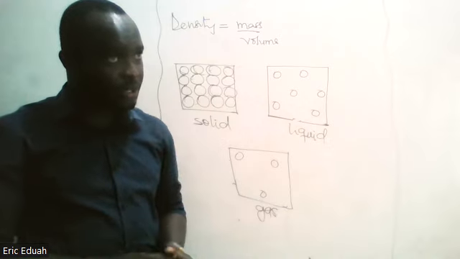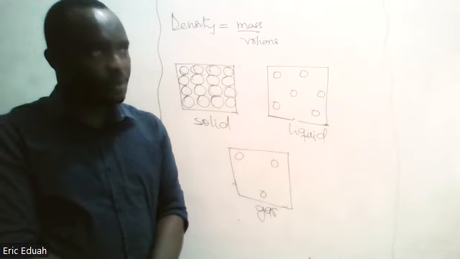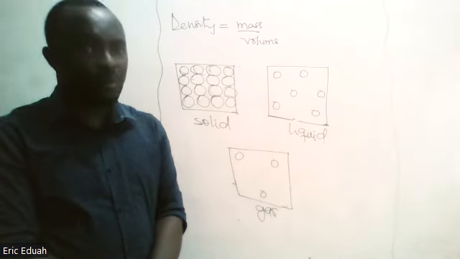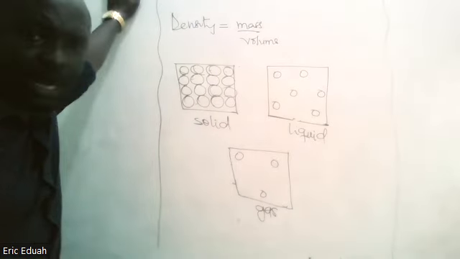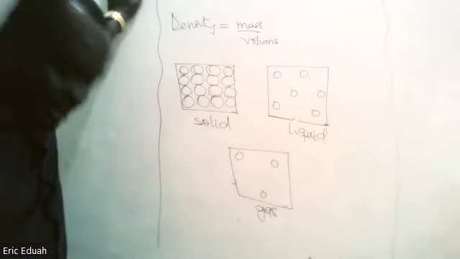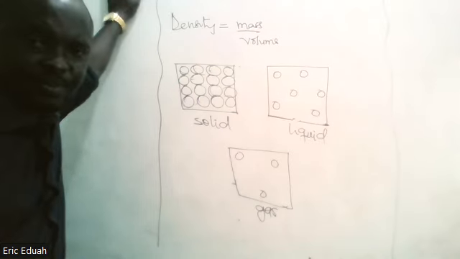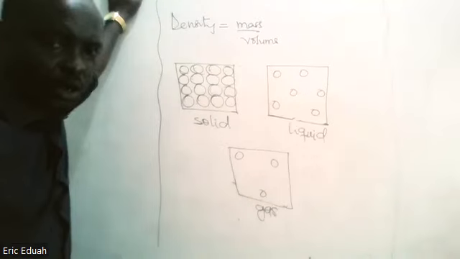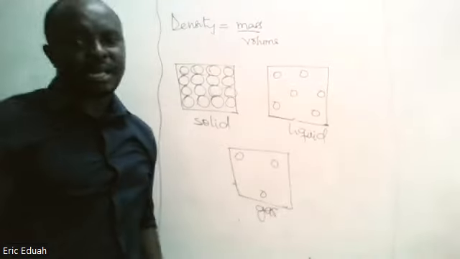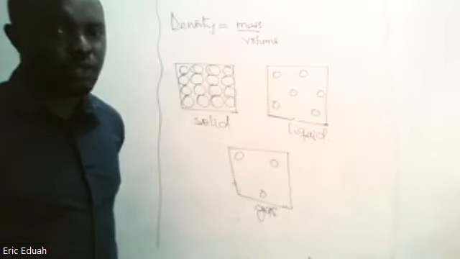So you use the electronic balance for the mass. Lizzie, your line is breaking. Okay, so yes, Lizzie is saying that we have to use the electronic balance to determine the mass.